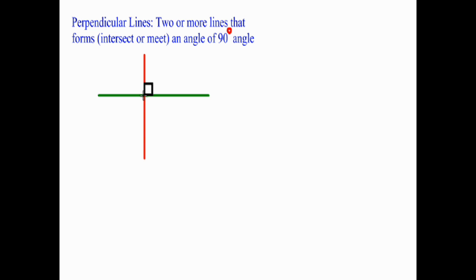Also, at this point I also have a 90-degree angle. And also right there I have a 90-degree angle, and also right here I have a 90-degree angle. So if you notice, what we're saying is that perpendicular lines meet at an angle of 90 degrees, or they intersect.